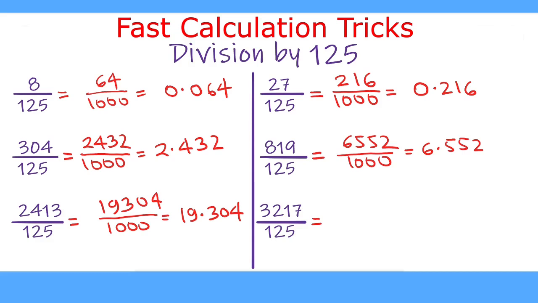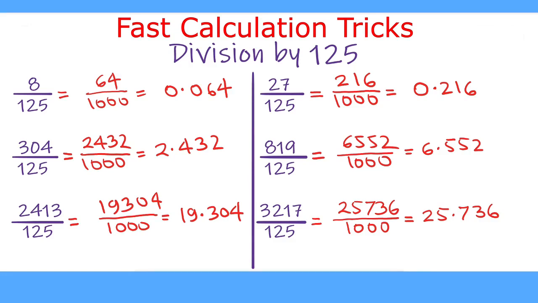So this becomes 25,600 plus 136. So on adding we get 25,736 divided by 1000. This gives us 25.736. After putting the decimal after 3 digits from the right, we get 25.736.